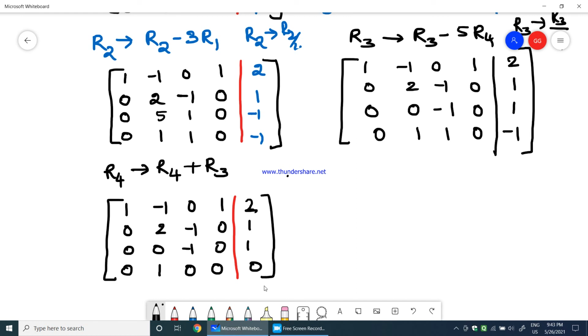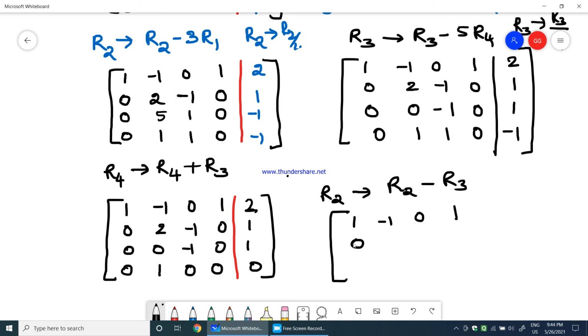So further what I'll do is, I'll say R2 equals R2 minus R3. So what do I get here is 1 minus 1, 0, 1.